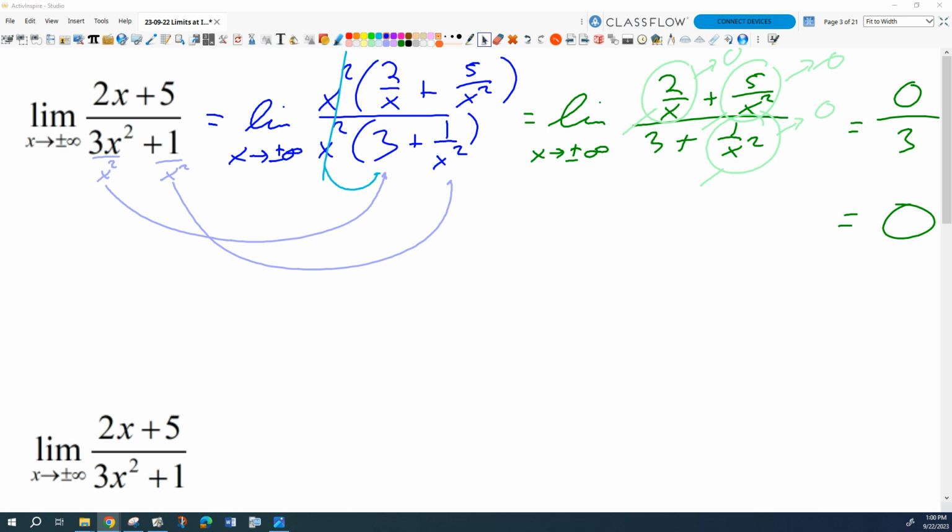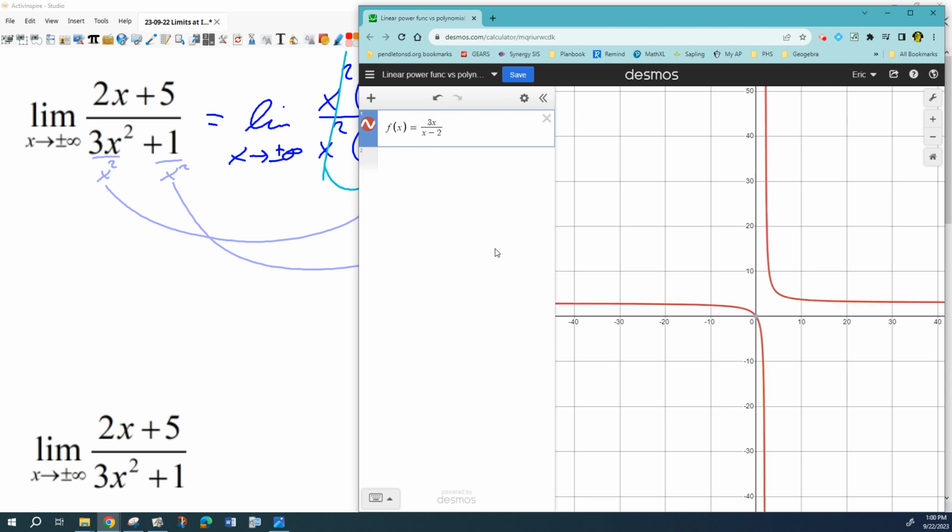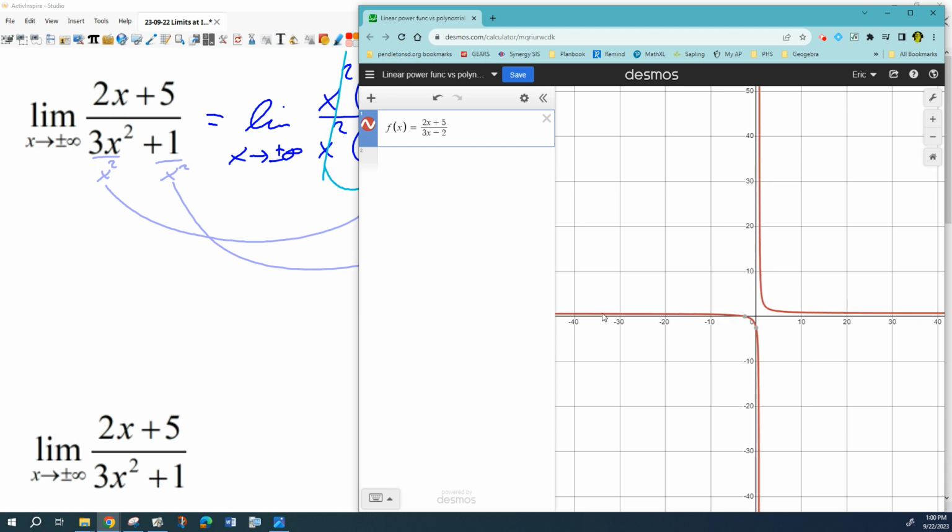Okay, let's just graph this function. 2x plus 5 over 3x squared plus 1.